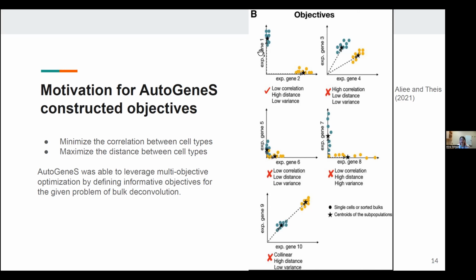If we had this case, that would mean that gene 1 and gene 2 are good discriminators between the cell types, because each cell type expresses one of the genes highly and does not express the other. So that's great. They're lowly correlated, and the distance in this expression space between the cell types is high. And also most cells in one cell type express that gene at similar levels, right? They're all kind of clustered together. So it's low variance, and that's also a good situation to have.